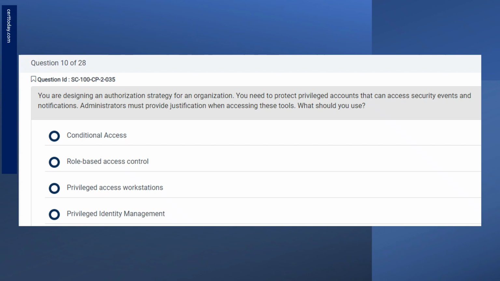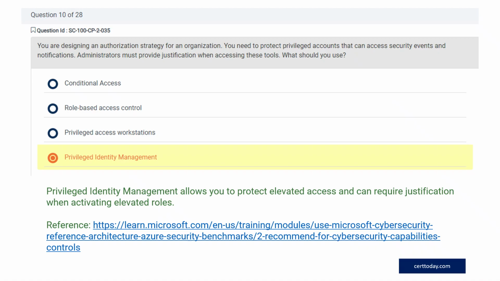B. Role-based access control. C. Privileged access workstations. D. Privileged identity management. Privileged identity management allows you to protect elevated access and can require justification when activating elevated roles.